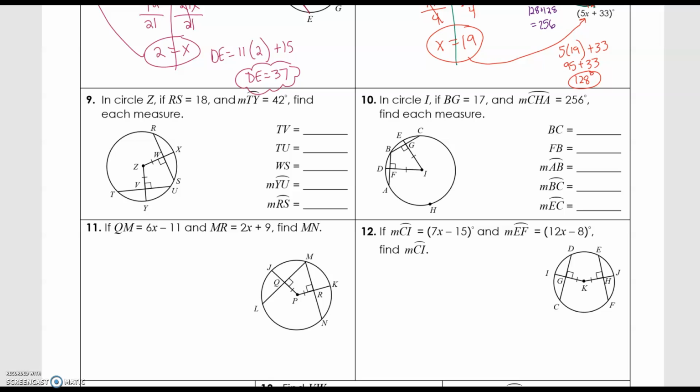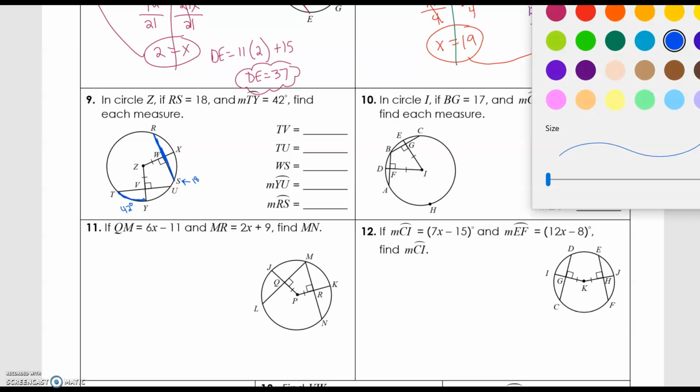So it says in circle Z, if RS equals 18, okay, so I know RS is 18, and the measure of arc TY is 42. Find each measure. Okay, so remember these, with these congruent chords and arcs, things all kind of correspond and match up.